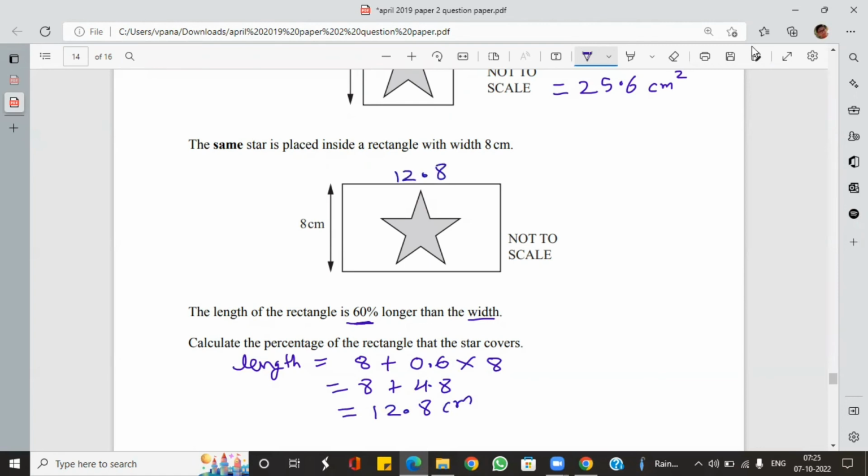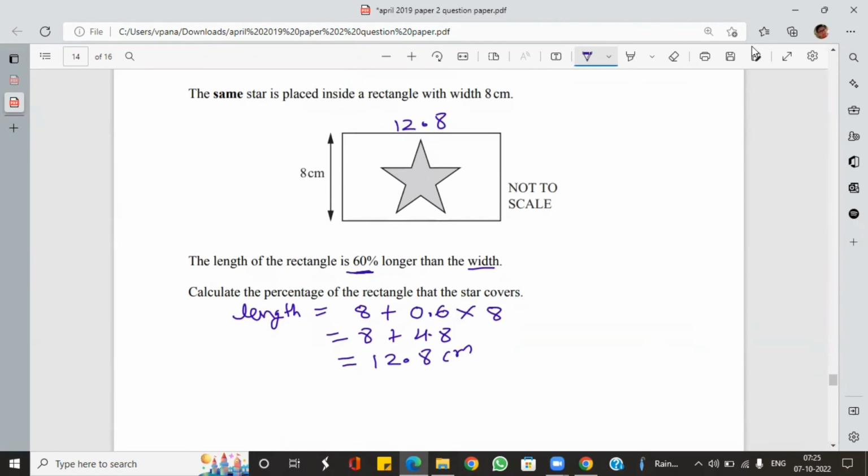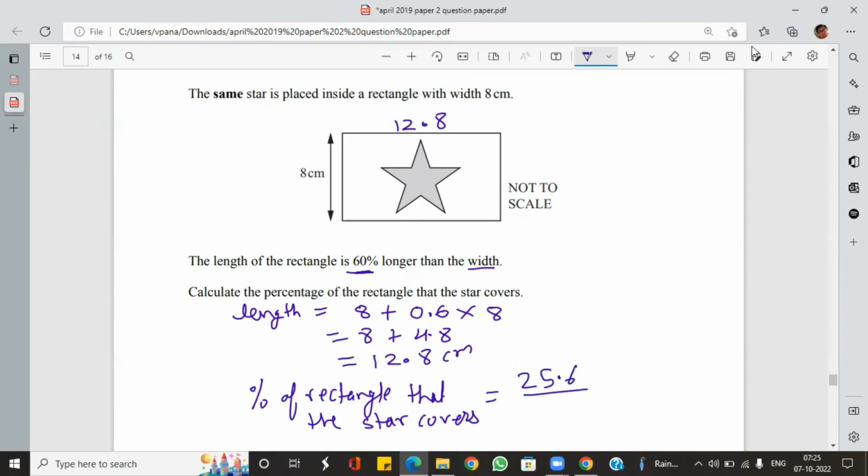Now you are asked, calculate the percentage of the rectangle that the star covers. So the percentage of the rectangle that the star covers will be equal to the area of the star, which is 25.6, divided by the area of the rectangle, which is length times width, that is 8 times 12.8, multiplied by 100.